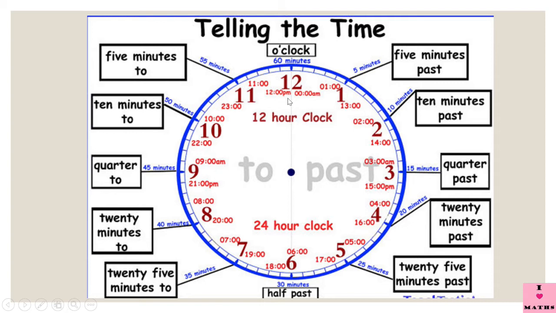When we write it as 2400 hours, it means that 24 hours of the previous day are over. And when we write it as 0000 hours, we mean that a new day has started.